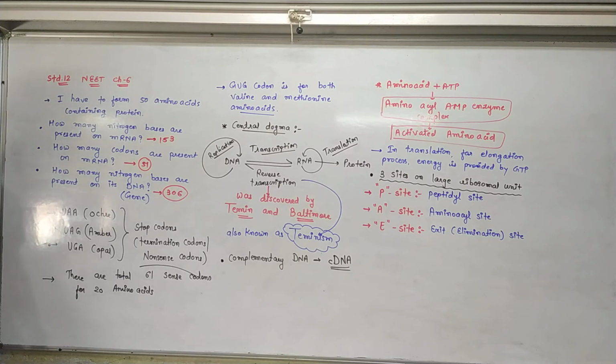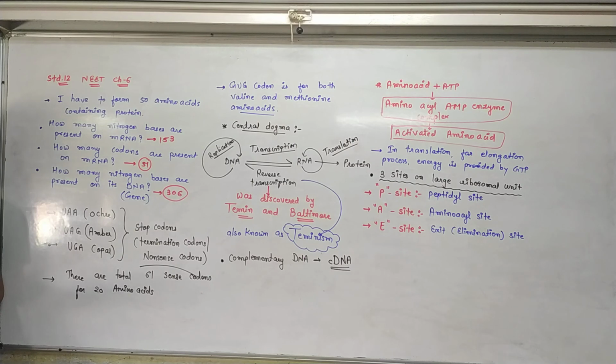On the large ribosomal unit, three sites are there: E, P, and A. E means elimination site or exit site, from where uncharged tRNA is detached from the mRNA strand. P is the peptidyl site, where the specific amino acids are joined together by the peptide bond and form the polymer of the protein.